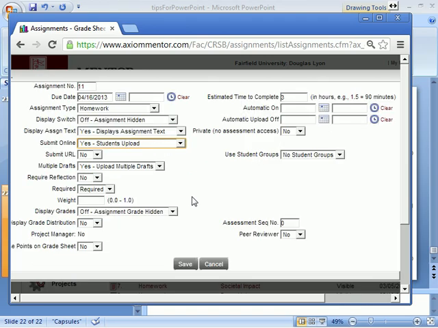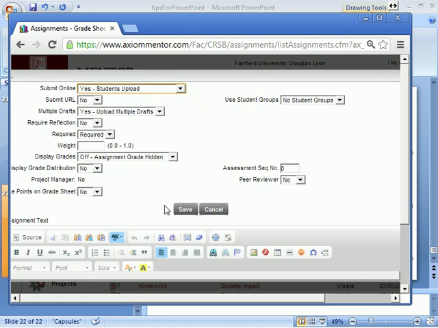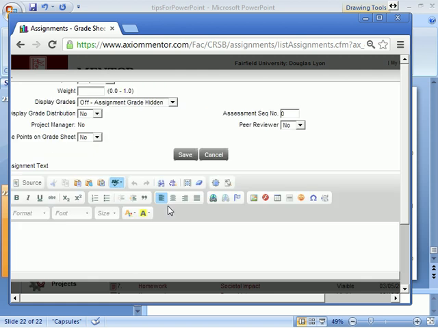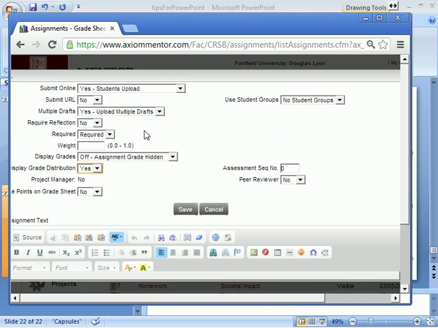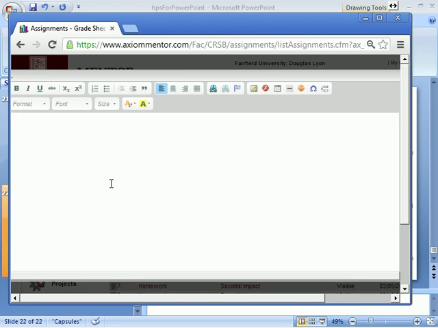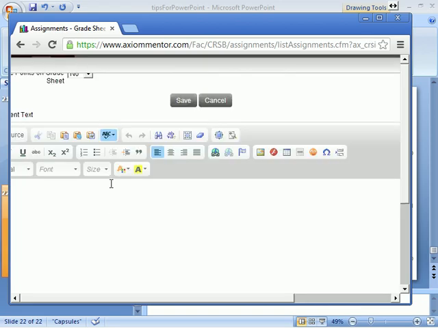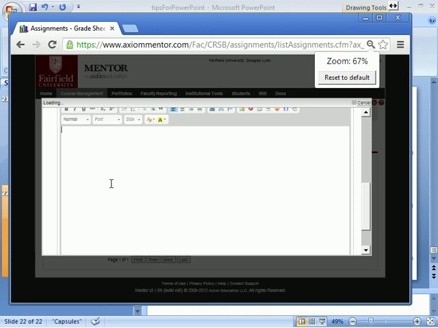If you're doing it by PowerPoint, there won't be PowerPoints, but there'll be audio. So we'll play the audio. What's this? Display grade distribution? Yes. Display assignment on. It's required. Oh, there it goes.